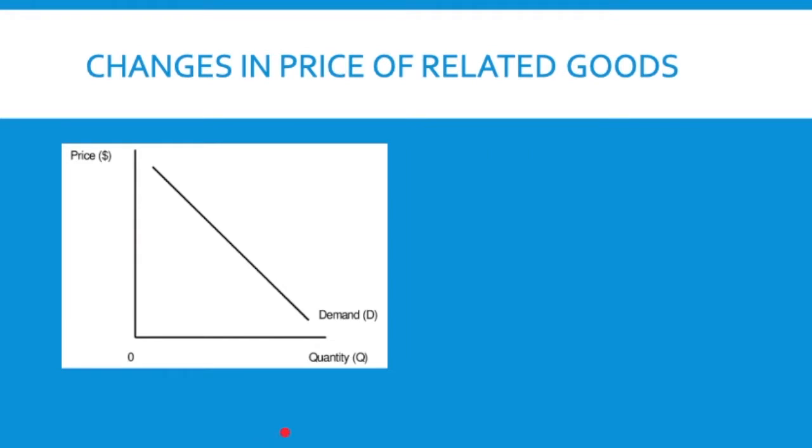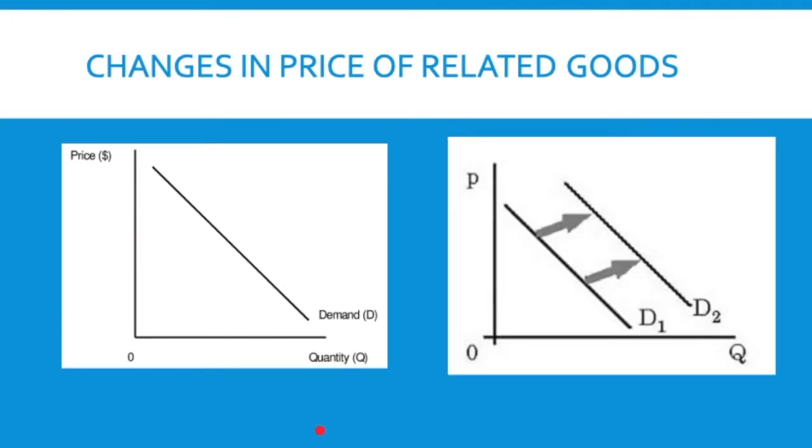Prices of related goods is the last one that can cause this line to shift. So think about our original demand line here. Related goods could be substitutes or complements. Let's think about substitutes. If you were into skiing, and all of a sudden the price of snowboards went down, then maybe you'd be more inclined to switch.